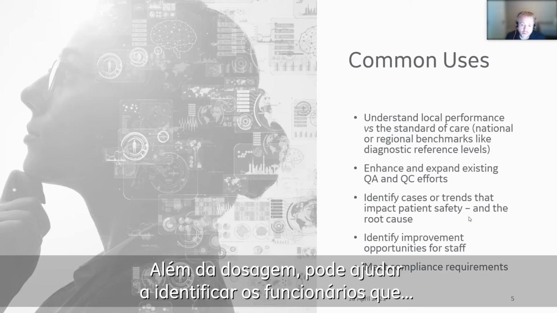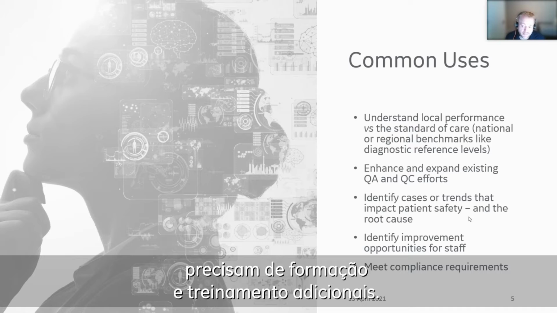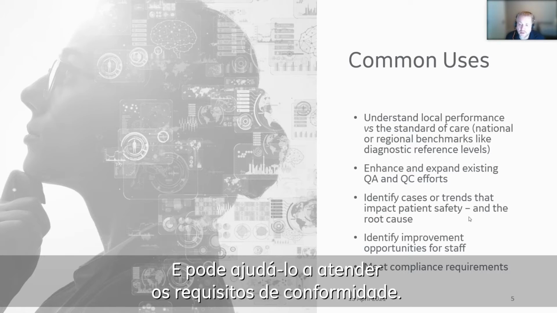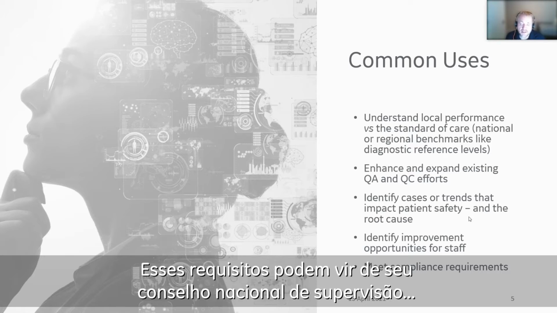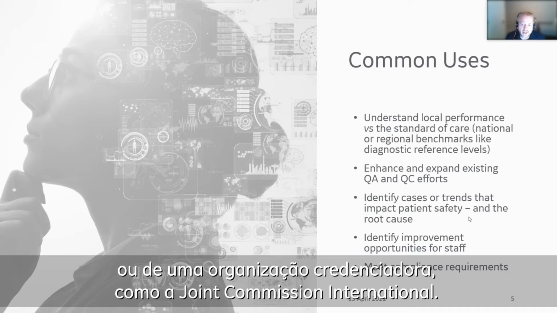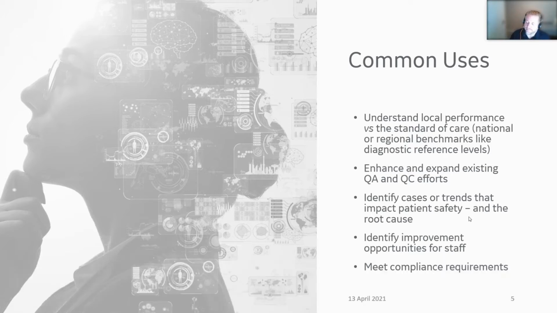Beyond dose, they can help you identify staff that may need additional education and training, and they can help you meet compliance requirements. These requirements may come from your national oversight board, or from an accreditation organization like Joint Commission International.